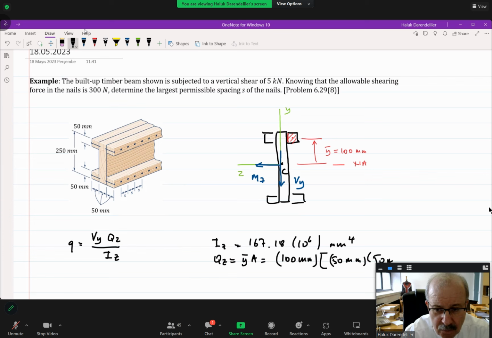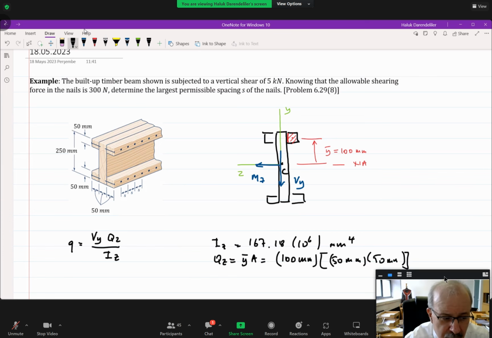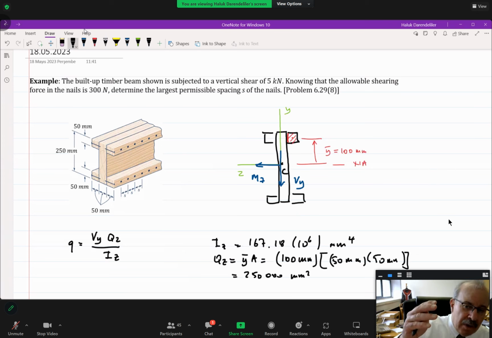So you can easily calculate the first moment of area, which in this problem is 250,000 millimeters cubed. Therefore, by using that red line, which indicates a plane at the end, we determine the shear flow through that.